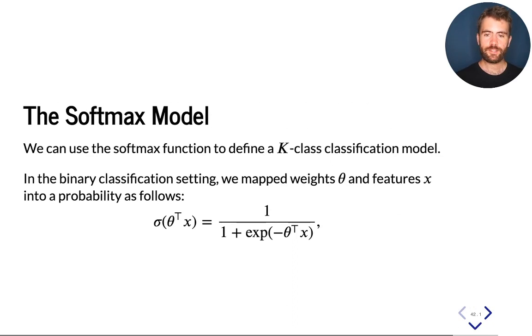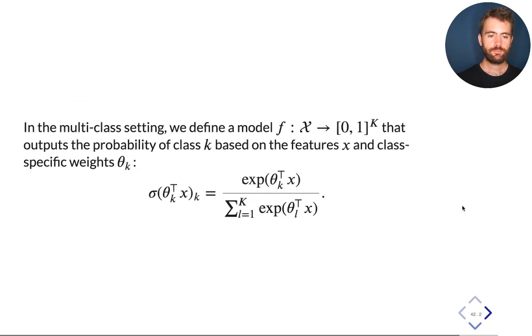Now let's use the softmax function to define a model that we can use in k-class classification. Recall that in the binary classification setting, we assumed the following form, where we had weights and features, and we would map their dot product into a probability by applying the sigmoid function. So we would look at theta transpose x, and we would apply the sigmoid to obtain the following expression.